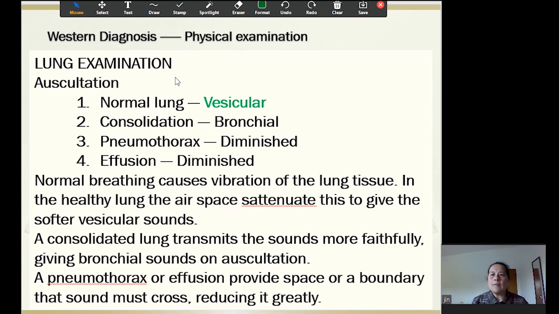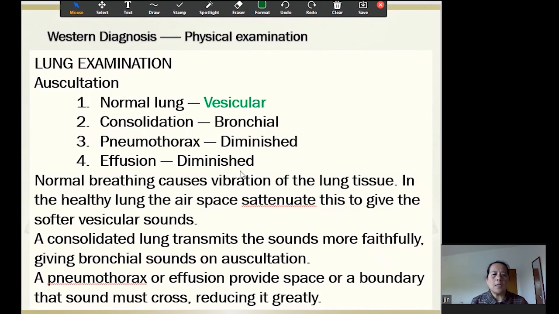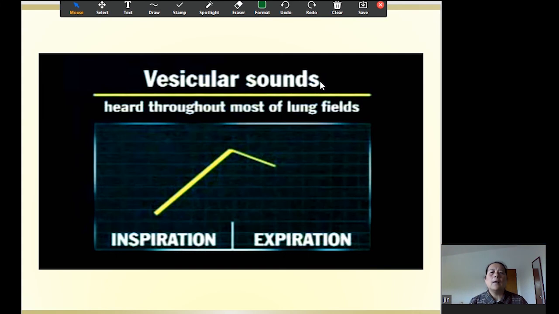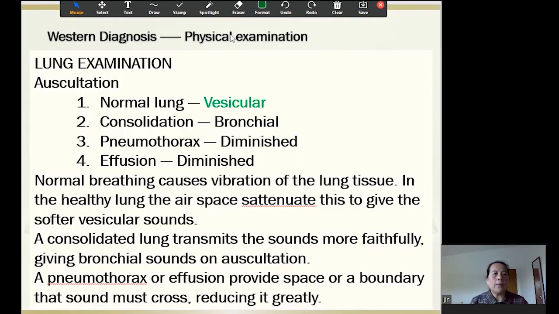So that's coming from last week, where we talked about checking the chest and the lung. Do we have any questions coming from last week?